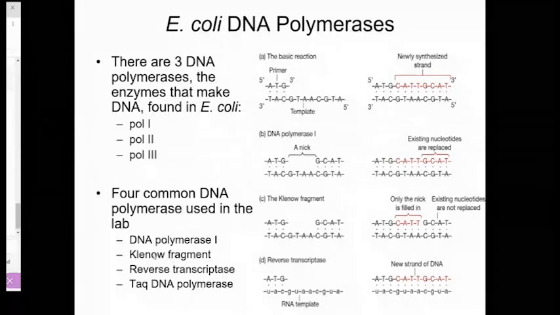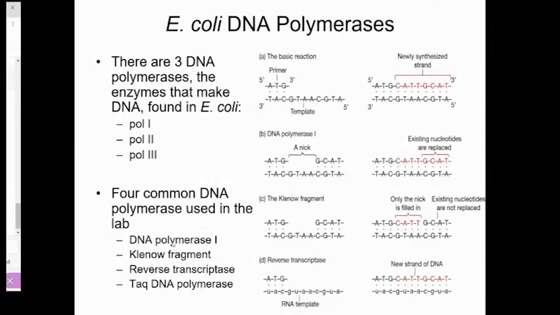And the Klenow fragment is only a part of DNA polymerase 1, and this Klenow does not have exonuclease activity, therefore it can only fill in the gap. It cannot replace the existing nucleotides. And reverse transcriptase basically uses RNA as a template to synthesize the complementary DNA. And Taq DNA polymerase is the important one, because it can perform its function during the PCR reaction.